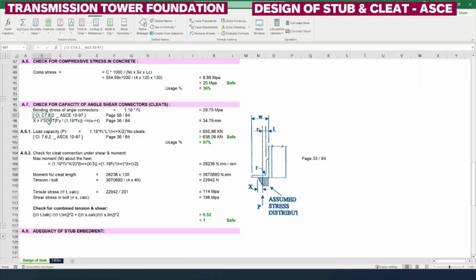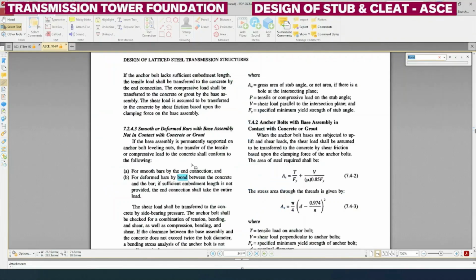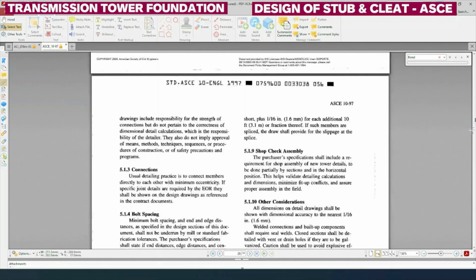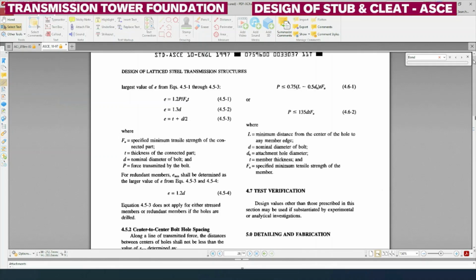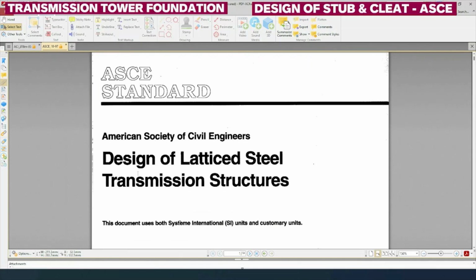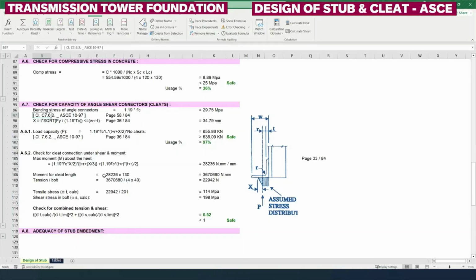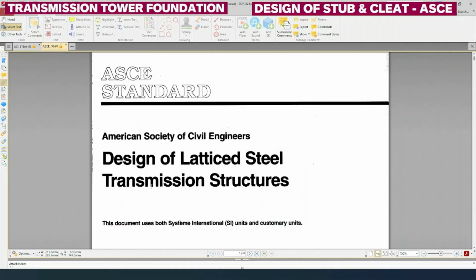This we can refer to class C762 of ASCE 10-97. You can see that code which is shown here. This is a code to be considered for designing the lattice steel transmission tower. As per the requirement we need to check page number 58.